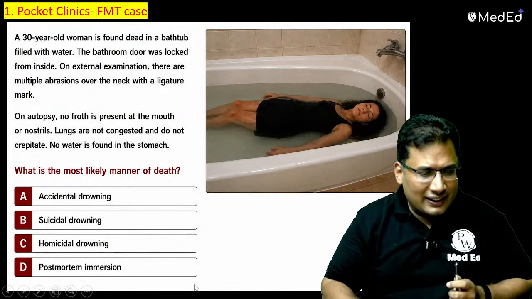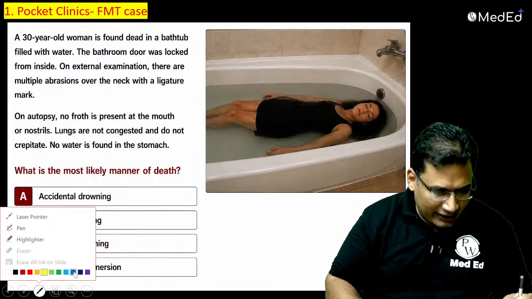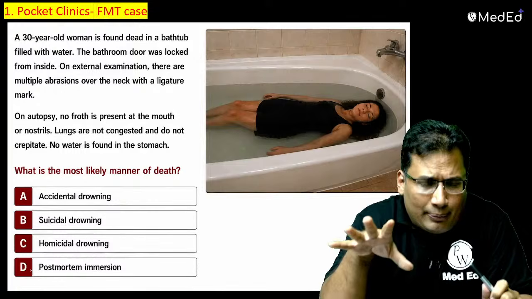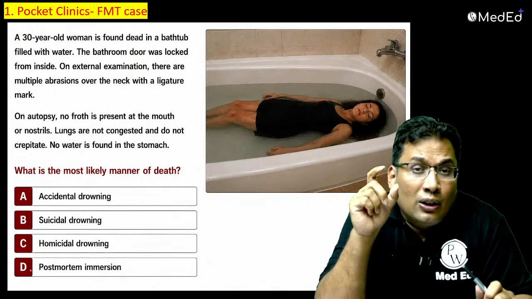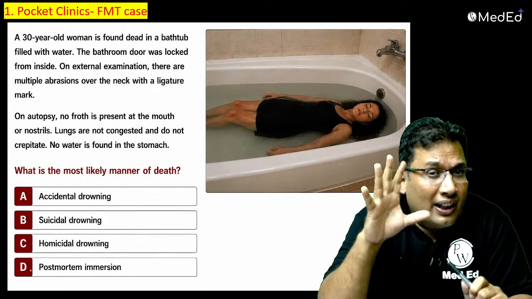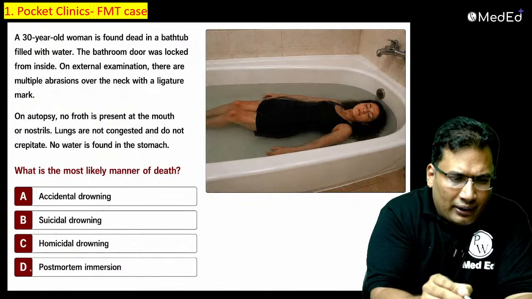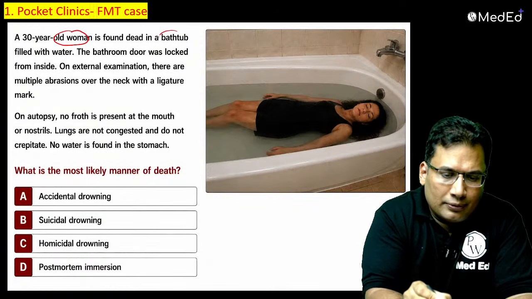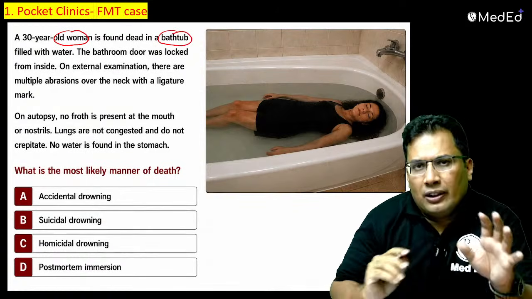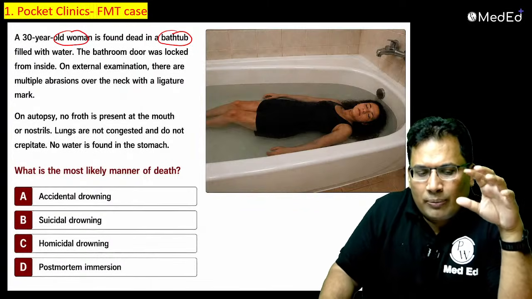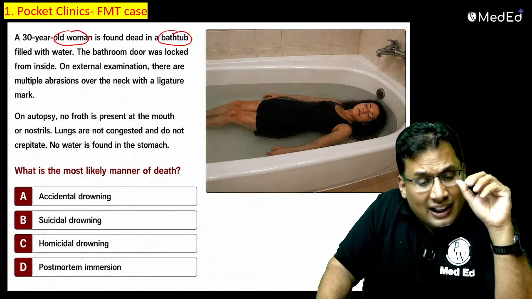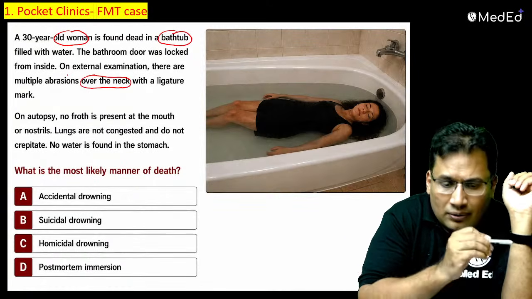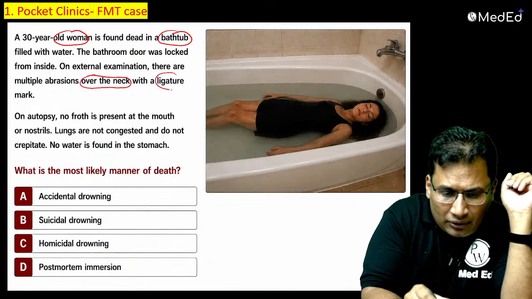Now look at this. This is one hypothetical case. It is hypothetical, everything is AI made, but the very famous case is the bathtub murder case. It is something related to that. A 30-year-old woman was found dead in a bathtub filled with water. The bathroom door was locked from the inside. On external examination, there are multiple abrasions over the neck along with a ligature mark.